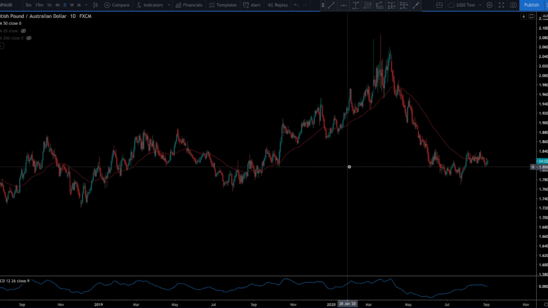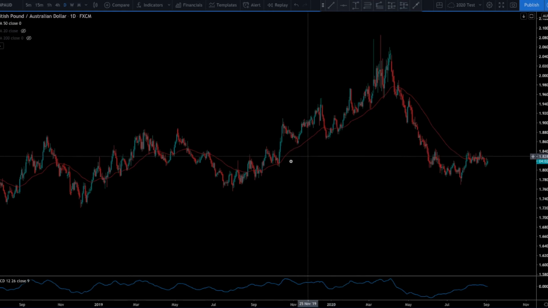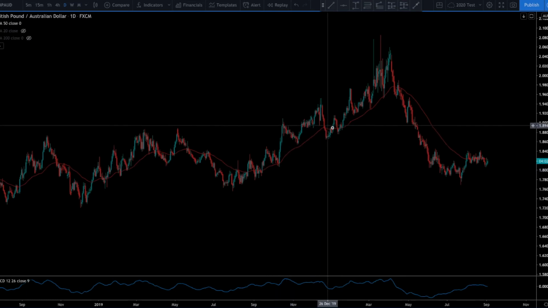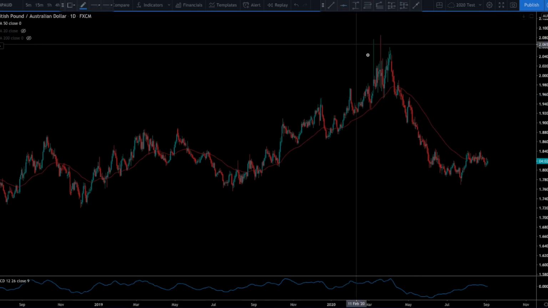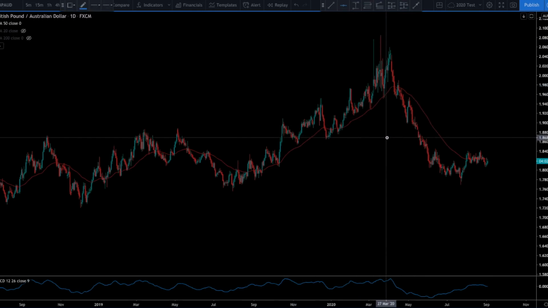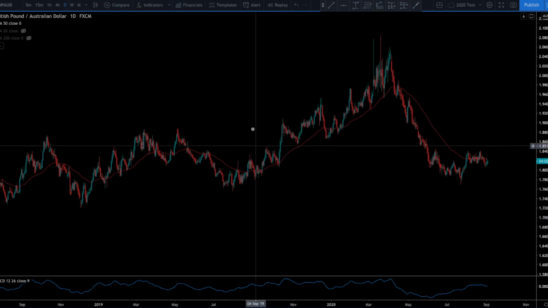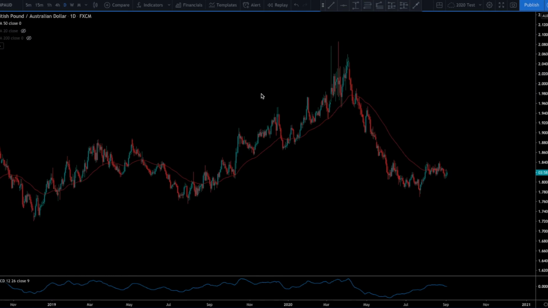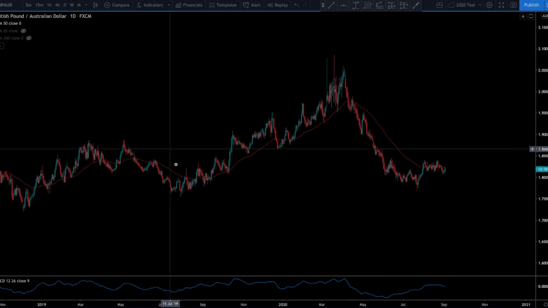But what I mainly look for on the 50 EMA is it acting as dynamic support and resistance. Dynamic just means a moving support and resistance, whereas a horizontal line would be static. The EMA on this example is acting as fairly decent dynamic support and resistance through here.